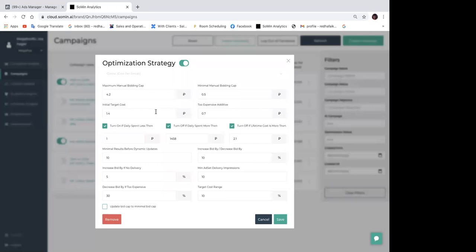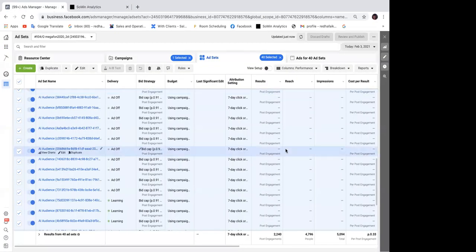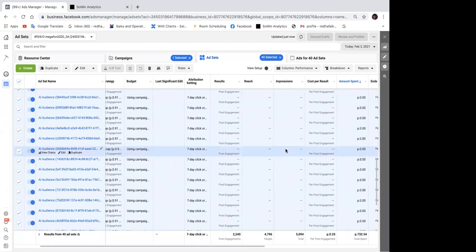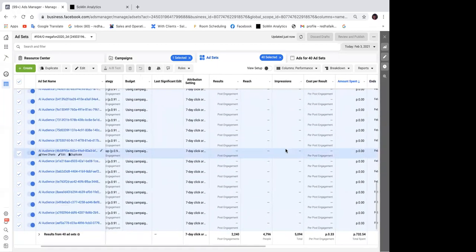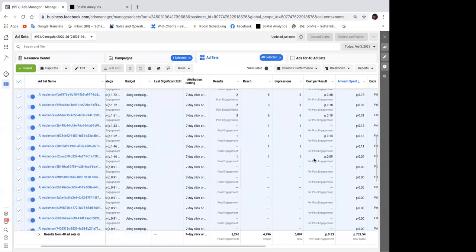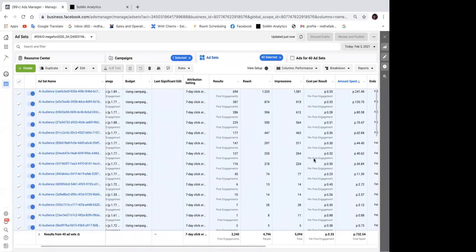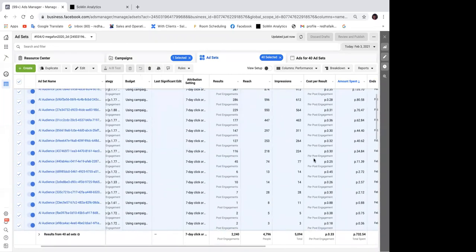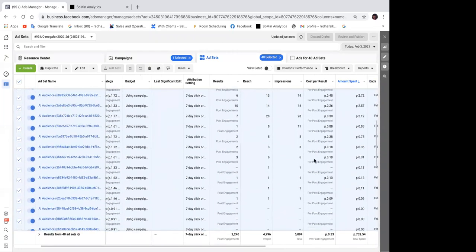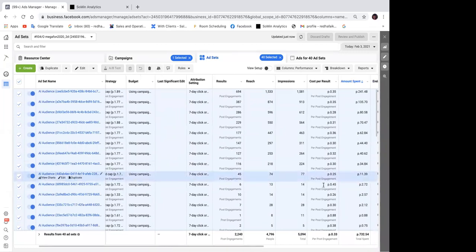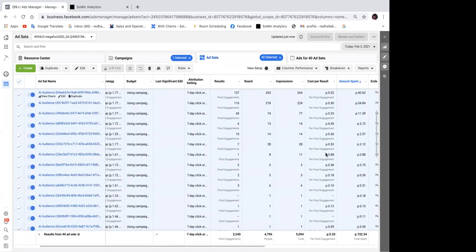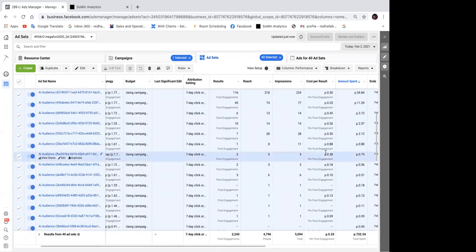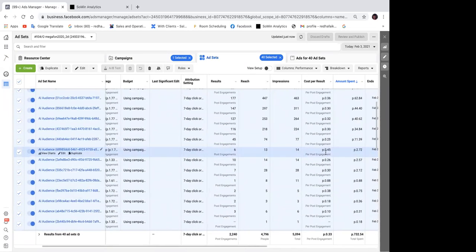Correct. And what is our current average result for today? Average cost per result. It's about 0.3. It's not about 0.3, it's 0.33, right? It's exactly that number, correct?